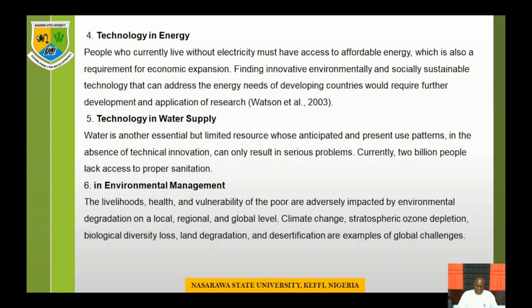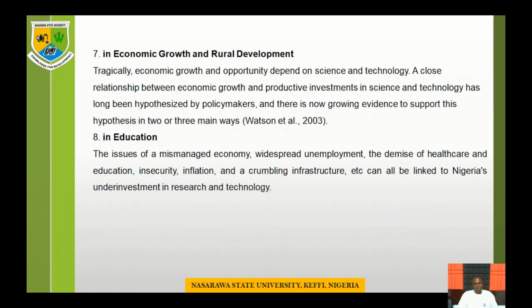So how do we deploy technology to aid in our environment and to assist the environmental management? Of course, we can deploy cameras to check those people that are always going to the bush to cut down trees, and then so many other things that can be deployed, even for economic growth and rural development.